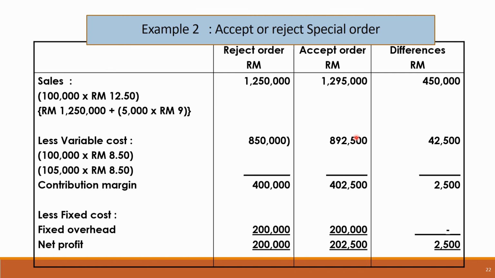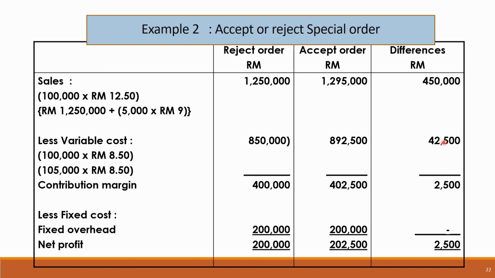So the amount is 100,000 units plus 5,000 extra units of production times 8.50, and you got the variable cost under accept order of 892,500, and the difference in variable cost between reject order and accept order is 42,500.